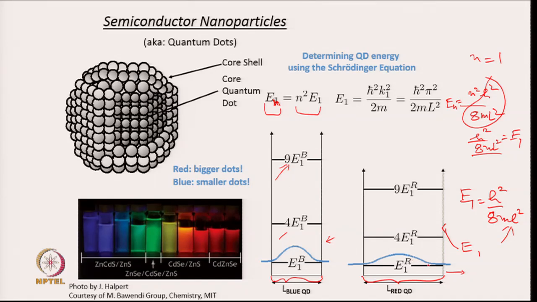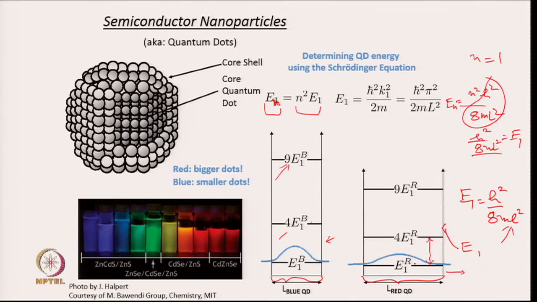And this 4 E1 is going to be much smaller than 4 E1b, so the gap between two energy levels will be small. The gap between two energy levels will be small when you have a bigger quantum dot.